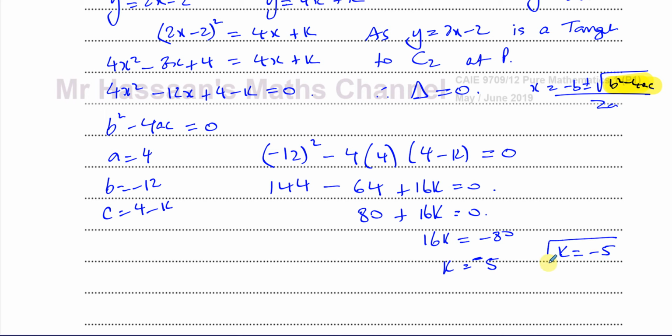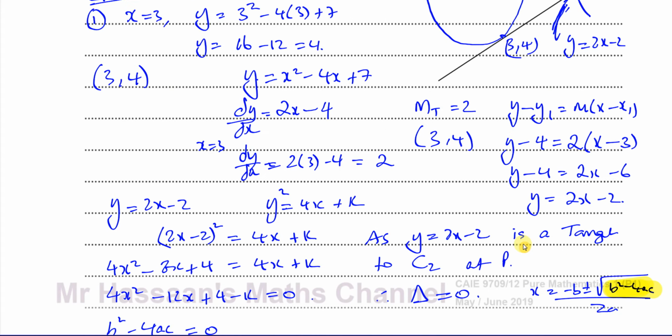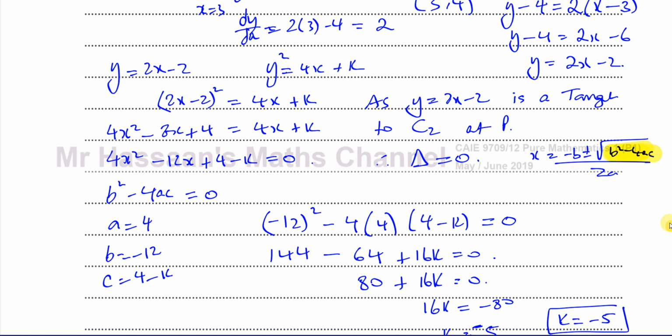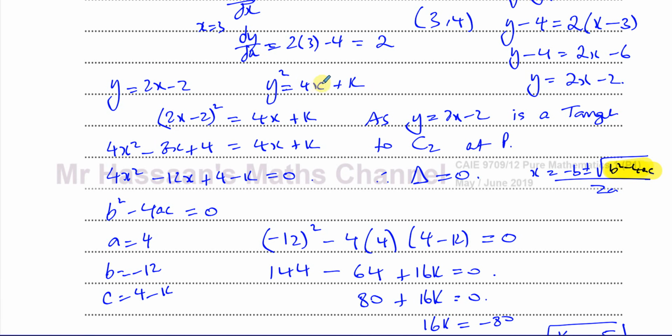So we've answered one part of the question, and we also have to find the coordinates of P. To find the coordinates of P, we can use the fact that this equation will tell us where the curve and the line intersect.